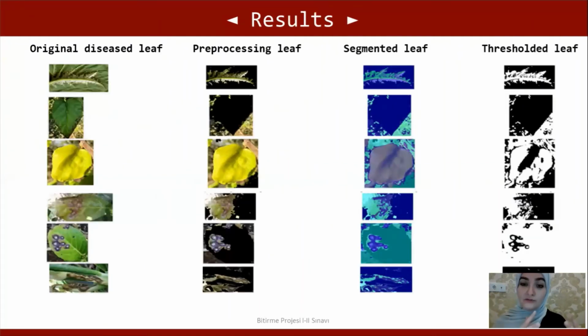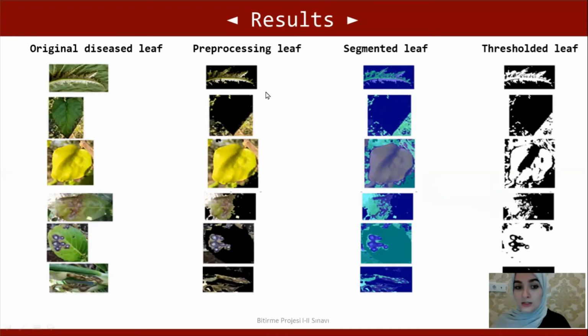As a result of pre-processing and segmentation, I can show you here the original diseased leaf images on the left side, and here you can see the output of pre-processing. As I mentioned before, it was green portions extraction. You can see here that no green portions or almost no green portions images are shown in this column.